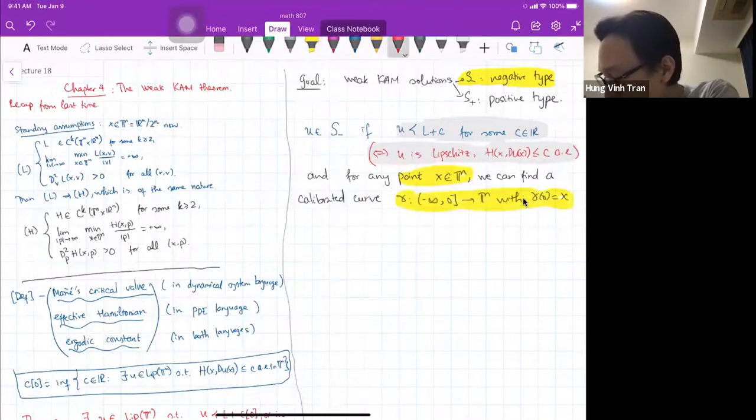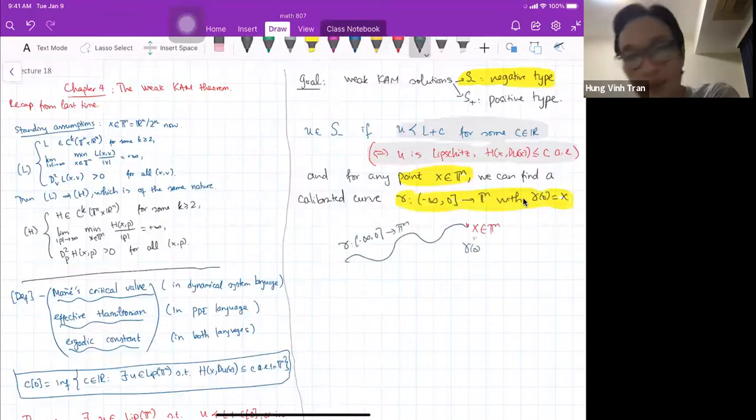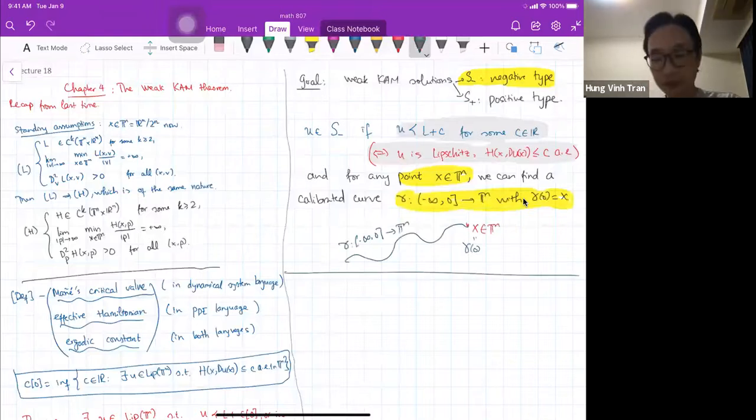So you're given any point x in the torus, you can find a calibrated curve gamma mapping from minus infinity to 0 to Tn with gamma 0 equals x. Okay, so that's the roadmap of what we are doing.